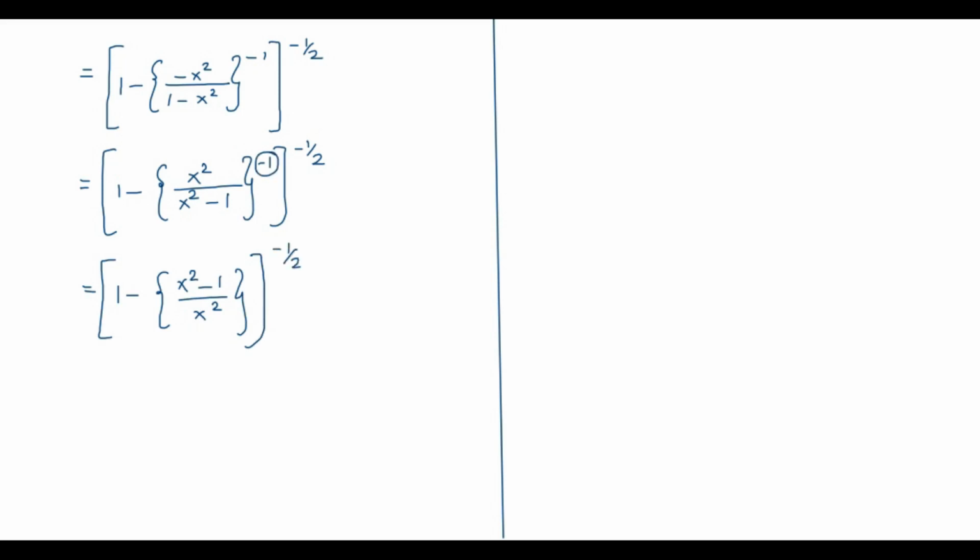So here the -1 has become positive 1, but if the exponent is positive 1, we don't have to mention that. Okay, now we have to simplify this part. So for that, I am going to multiply this integer 1 by this x square. Then I get x square minus 1 whole divided by x square. Once we multiply this 1 by this x square, we can take this x square as a common denominator.